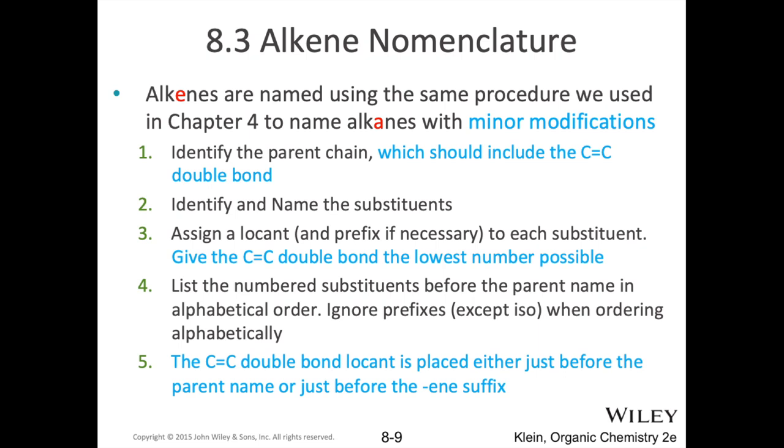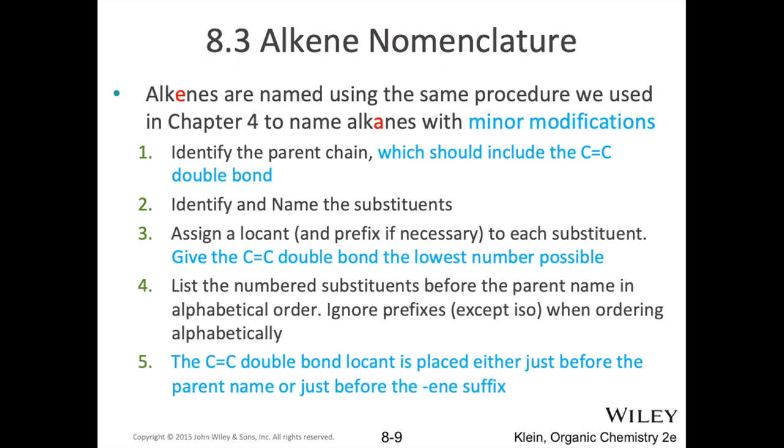Now the other change here is that when it comes to numbering locants, we typically try to give our double bond the lowest locant. So we start numbering from the end closer to our double bond. Other than that, instead of the ane suffix for alkanes, we end with ene.